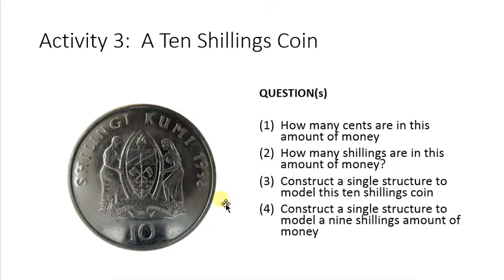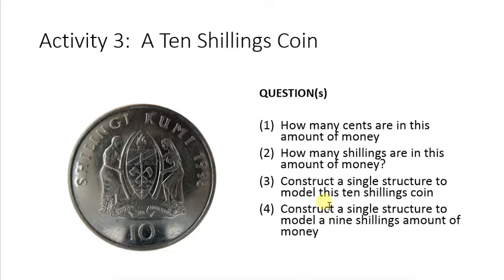Now, supposing from this 10 shillings coin, 1 shilling is taken, and you remain with 9 shillings. Construct a single structure to model the 9 shillings amount of money.